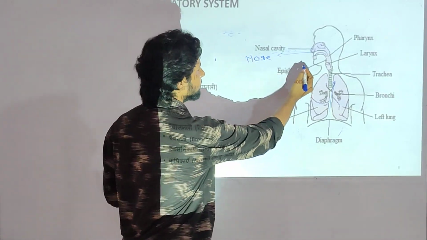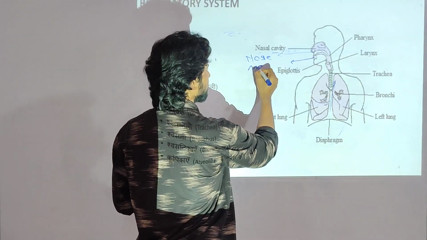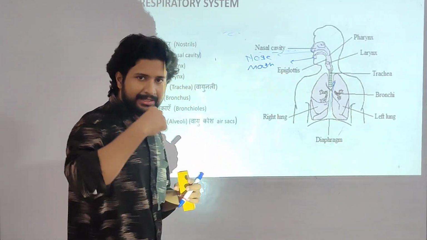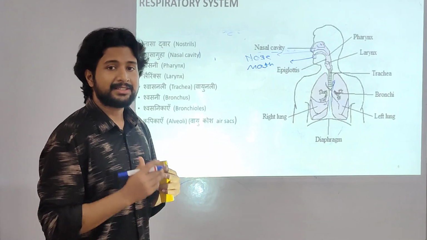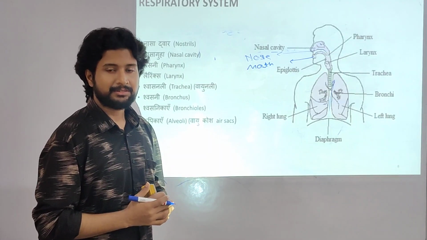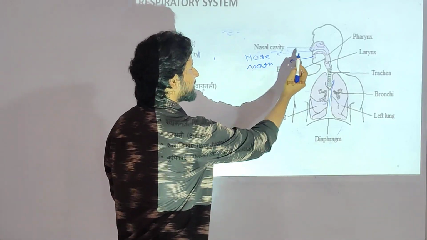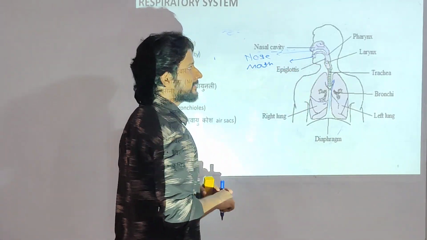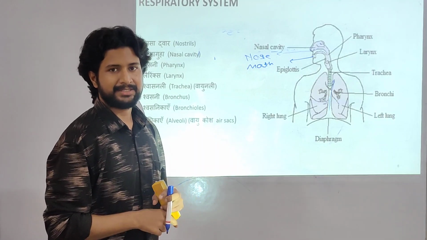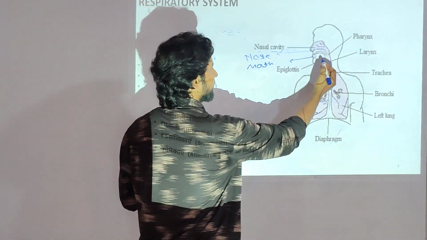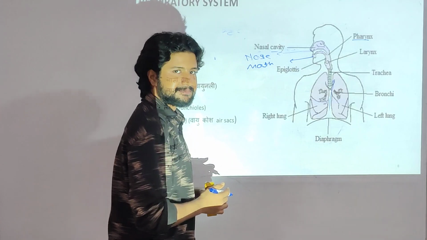This is mouth. And cavity inside of the mouth is called buccal cavity, or we can also say mouth cavity. Nasal cavity and buccal cavity terminate at a point, and that point is called pharynx.